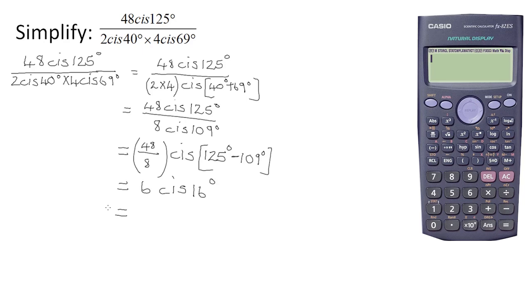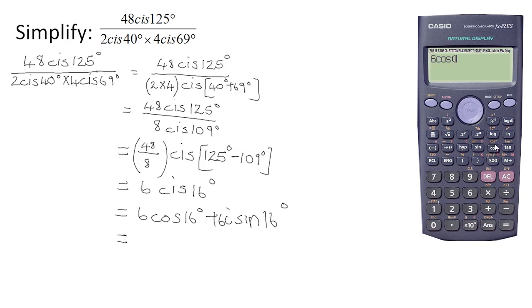Now you can reveal to your learners what cis means. 6, the C stands for cos of 16 degrees, plus i, the S stands for sine, still 6, 6 is common, 6 cos 16 degrees plus 6i sine 16 degrees. And now you can go to your calculator.